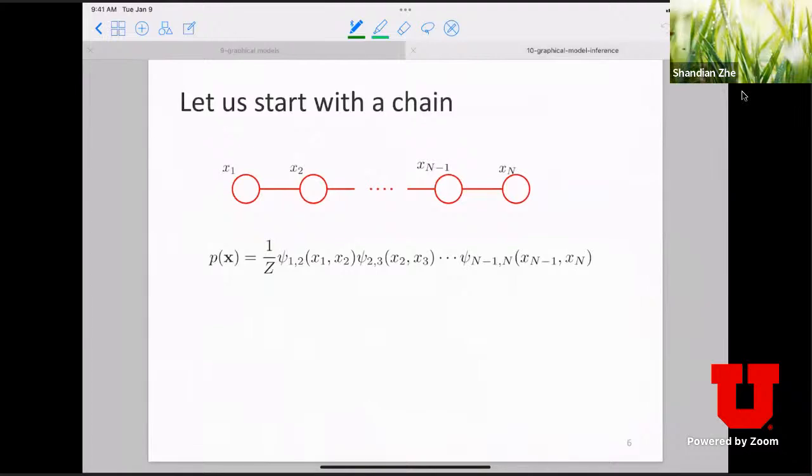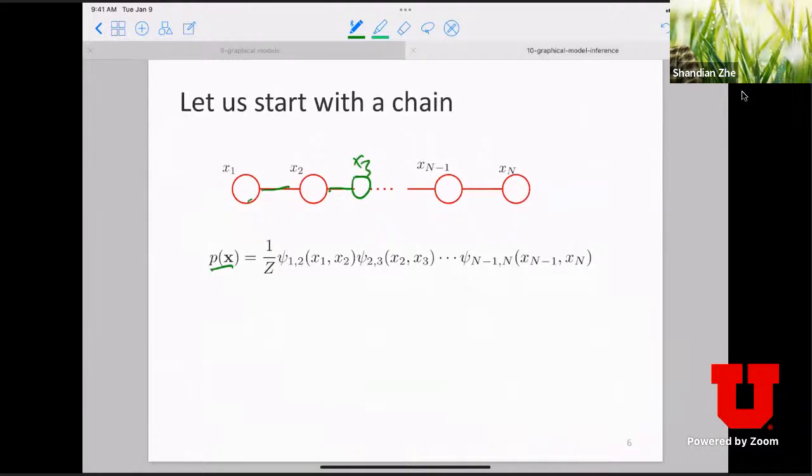This is an undirected graphic model, just for convenience. According to the undirected graphic model, associated with each maximum clique, which is a pair of successive nodes, is a potential function: psi1,2 of x1, x2 for this pair, and psi2,3 is a potential function for x2, x3.